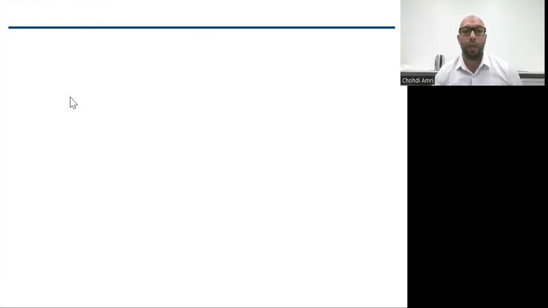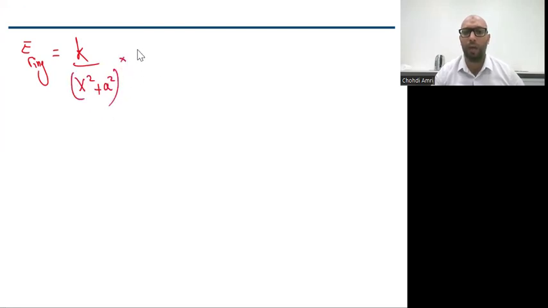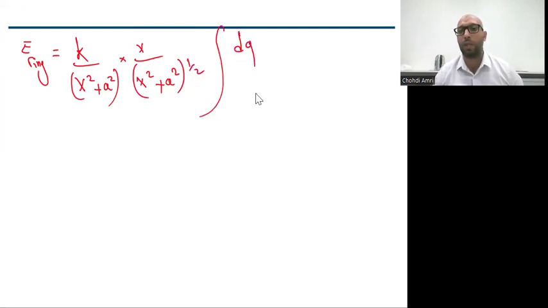So our vector E of the ring will be k divided by x squared plus a squared, multiplied by cosine theta, that means x over (x squared plus a squared) power 1 over 2 square root, multiplied by the integral of dq.